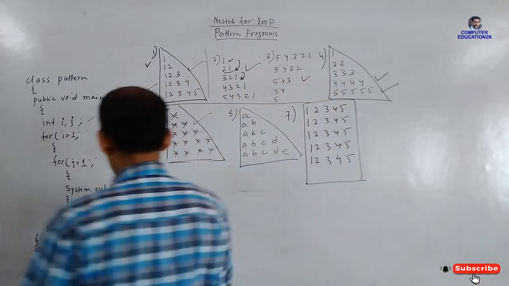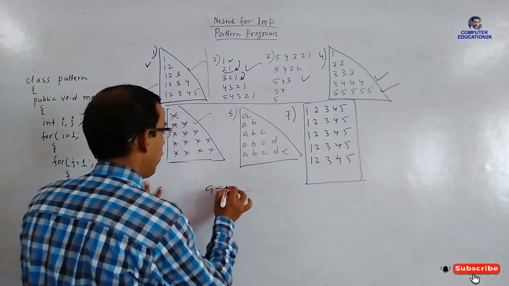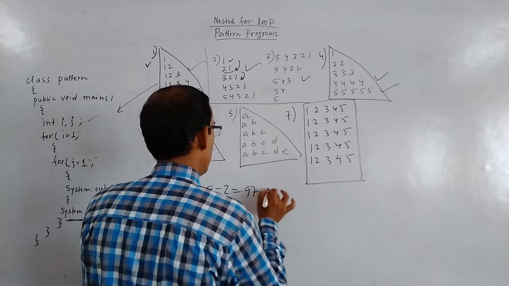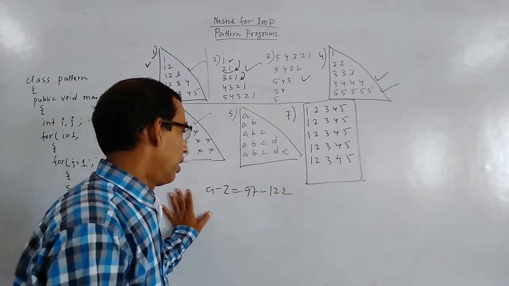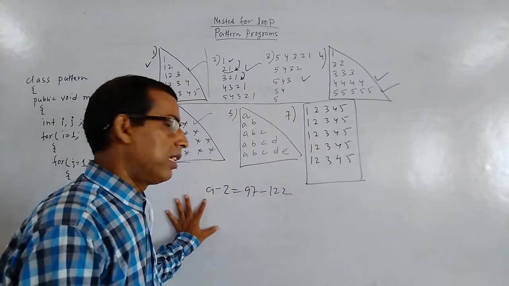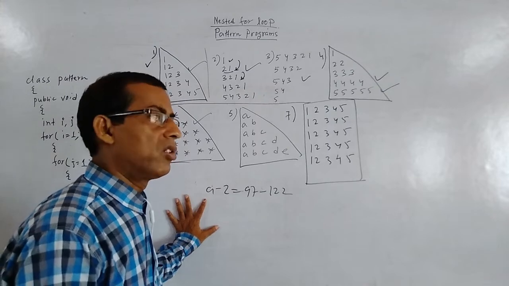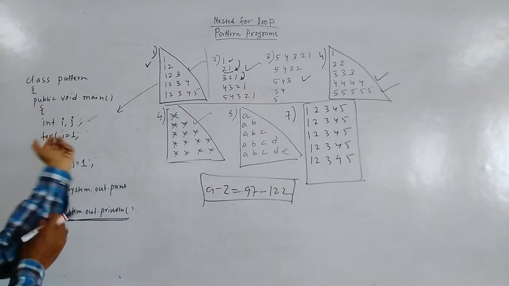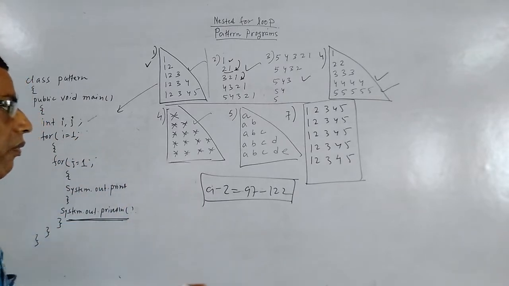So you know the ASCII values of small a to small z are 97 to 122. It means a is 97, b is 98, c is 99, like this. How many rows are there? There are 5 rows.